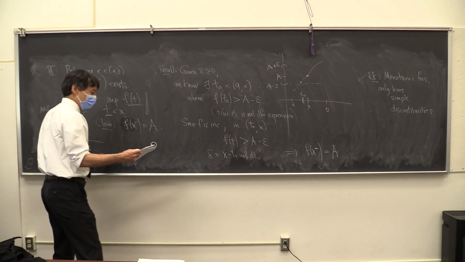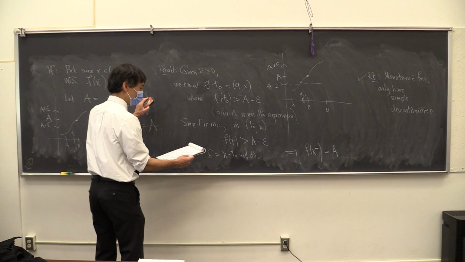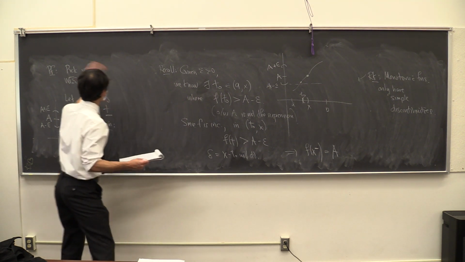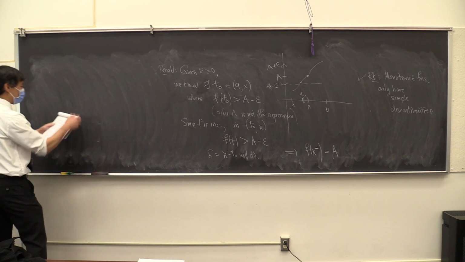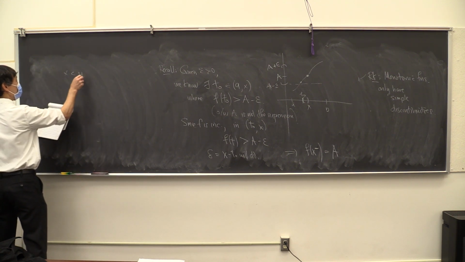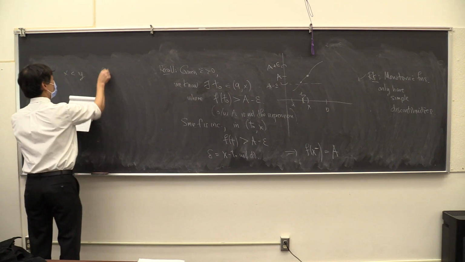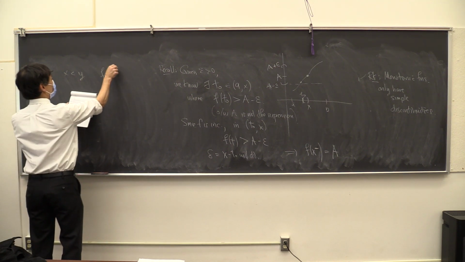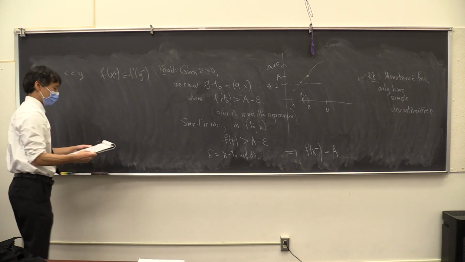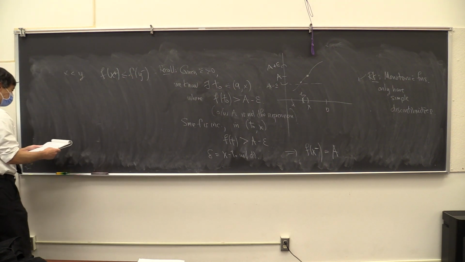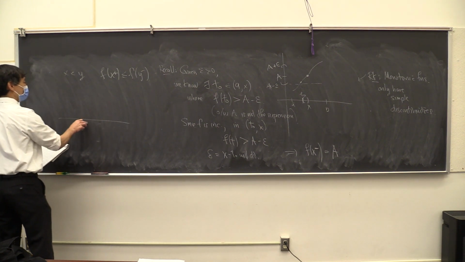So the other thing we wanted to show is that when you have 2 points, one to the left of the other, then the right limit of the left guy is less than the left limit of the right guy. So again, this is sort of an obvious thing.